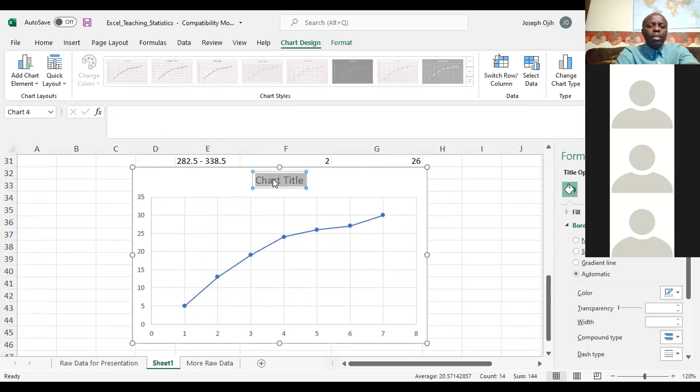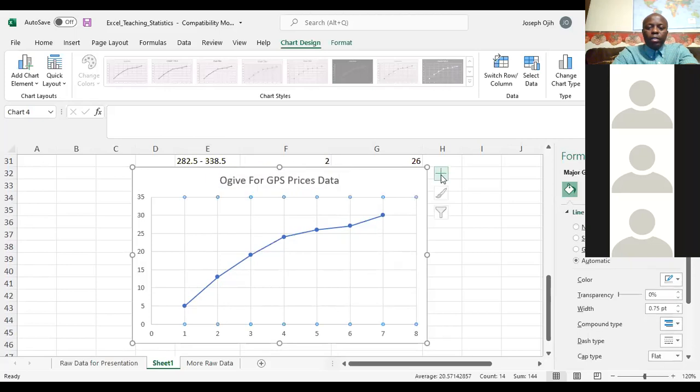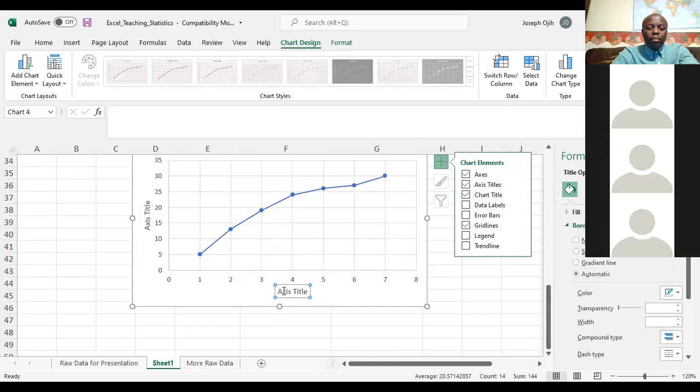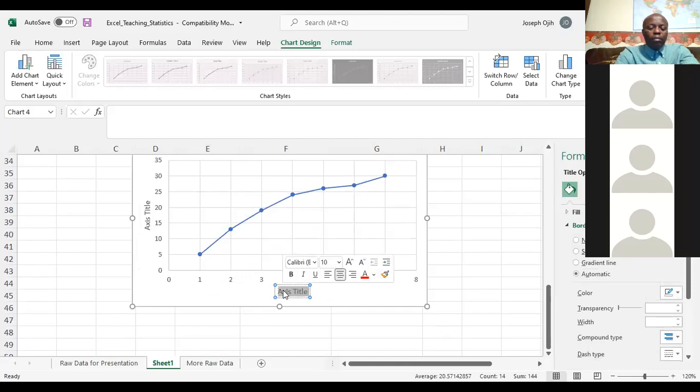We have our cumulative Ogive of GPS prices data. Then of course, you can put the axis titles: prices in dollars. Then the frequency. We have the cumulative frequency.